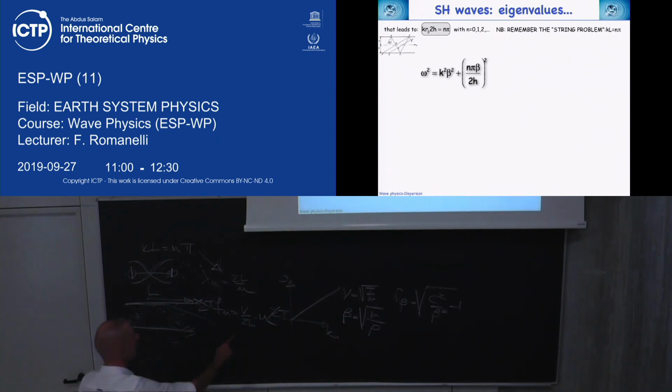Like here, n could be 0, 1, 2, 3, 4, forever. But all the modes of a string here, we're following the same line. Here it is not. When n is equal to 1, the curve is a little bit different. Something like that.